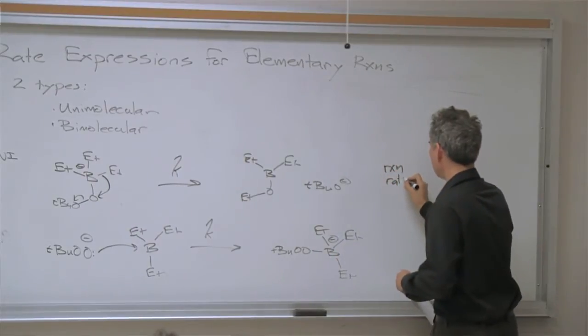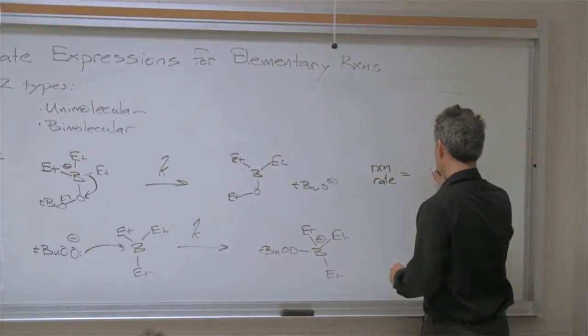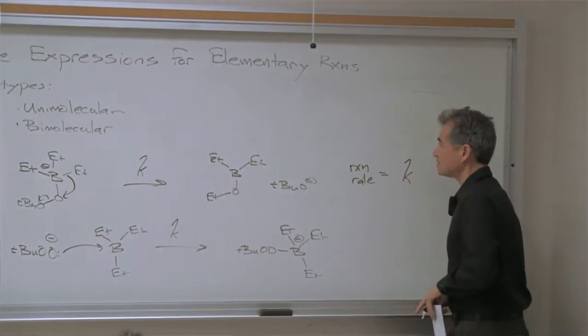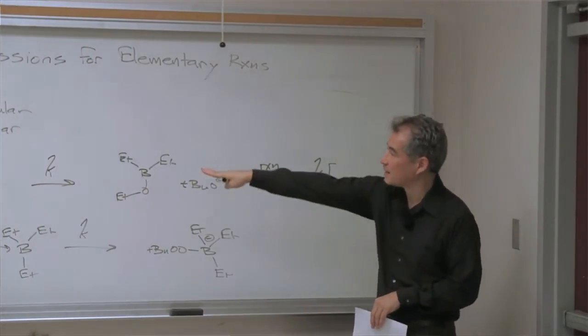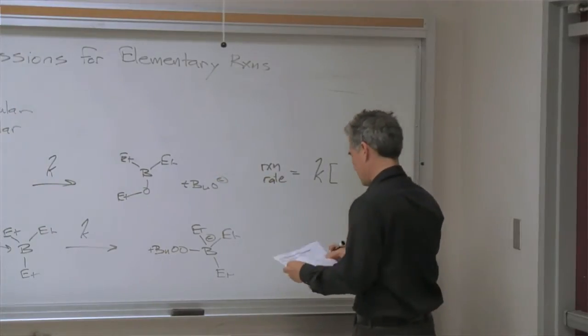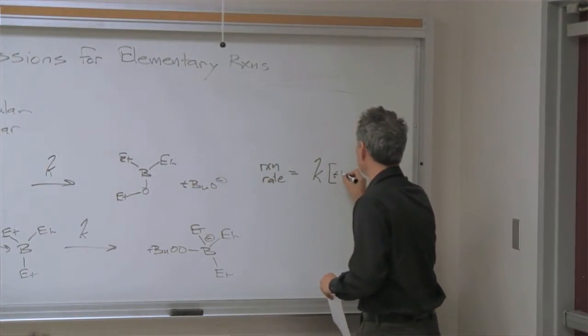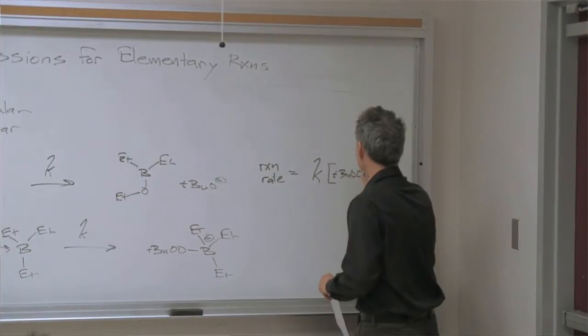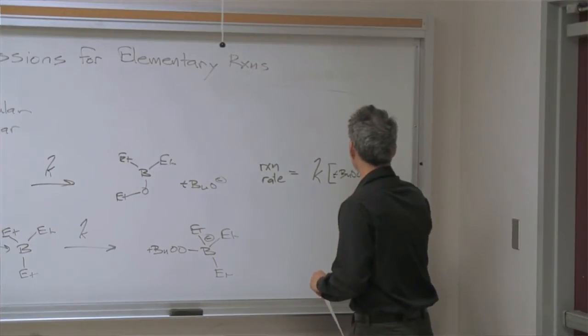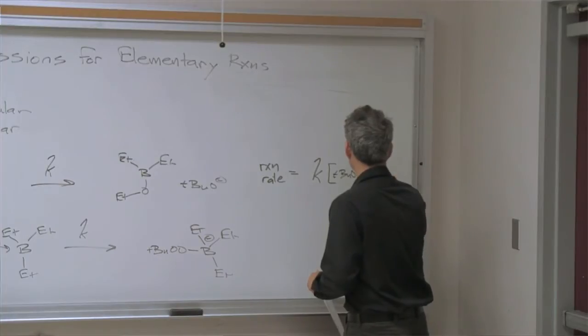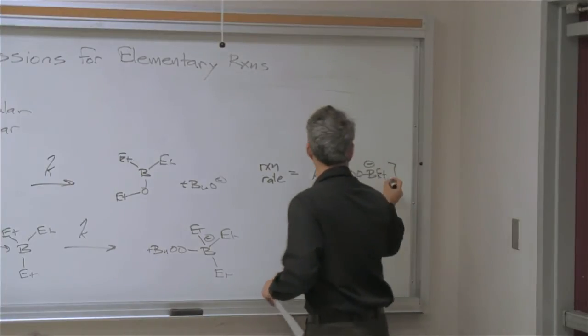So, running out of room here, but I'll try to write reaction rate equals some sort of a rate constant. That's this mathematical rate constant times the concentration of this boronate species that's in solution, where the T-butyl hydroperoxide is attached to that boron atom. And there's a negative charge on boron.